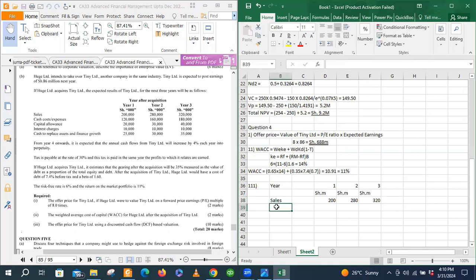We less the costs. So costs in year 1 are 120, in brackets. In year 2 it is 160, and in year 3 we have 180.